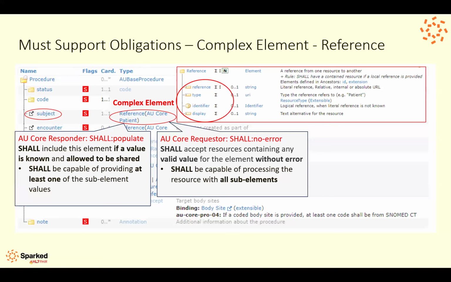Well, I'm not sure about that, because if it's containing any valid value, if the identifier is a valid value, you shall. Yes, but that doesn't mean that you have to.